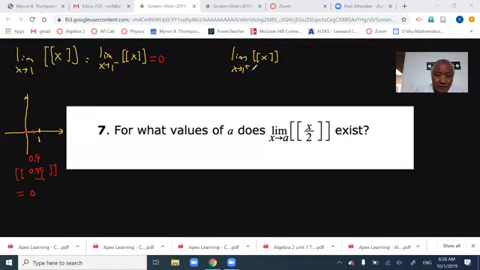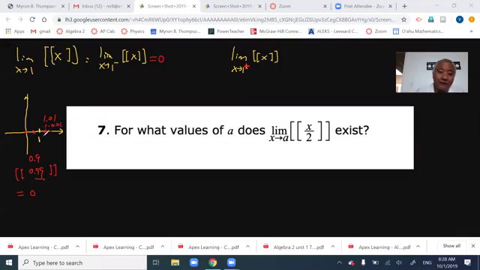Now let's look at the limit from the right side approaching 1. When you go this way, the numbers will be like 1.01, 1.001, approaching 1 from the right.